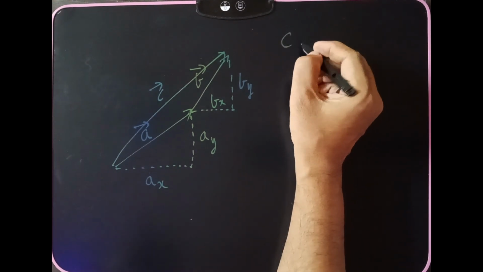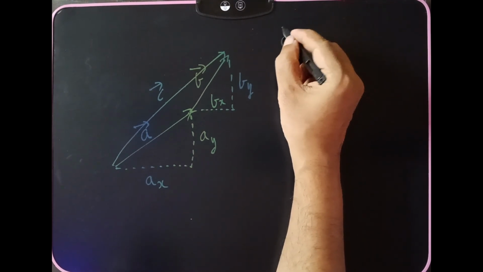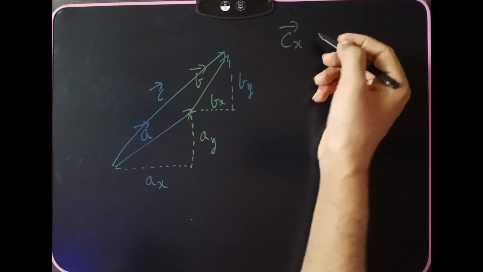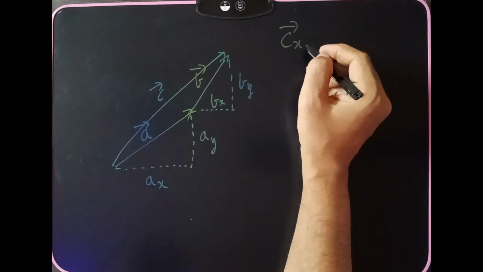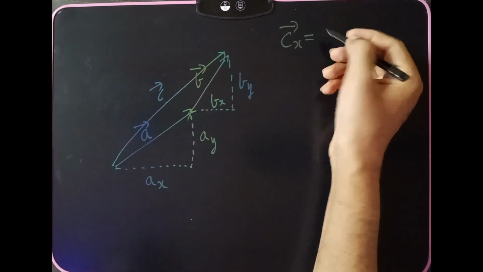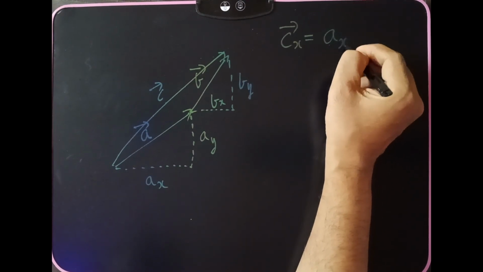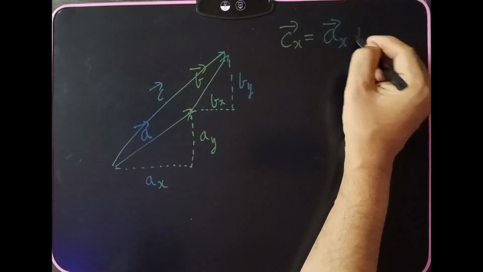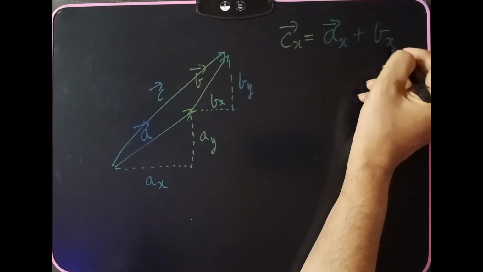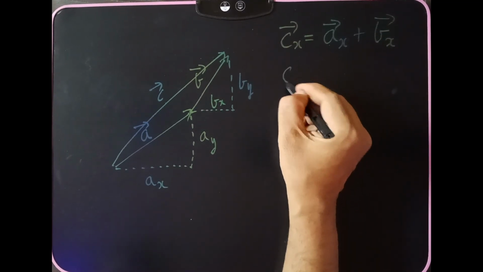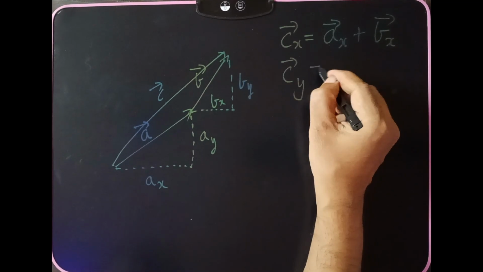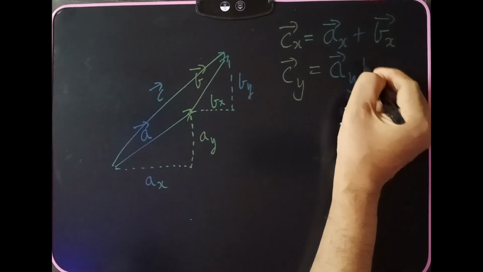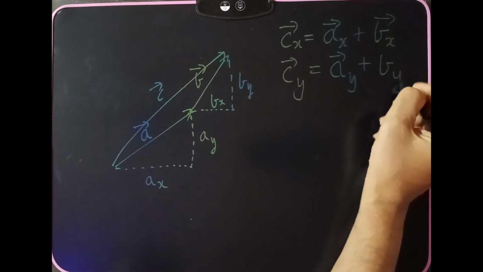So the component of C along the x axis is equal to A along x plus B along x. Then Cy can be denoted as A along y plus B along y.